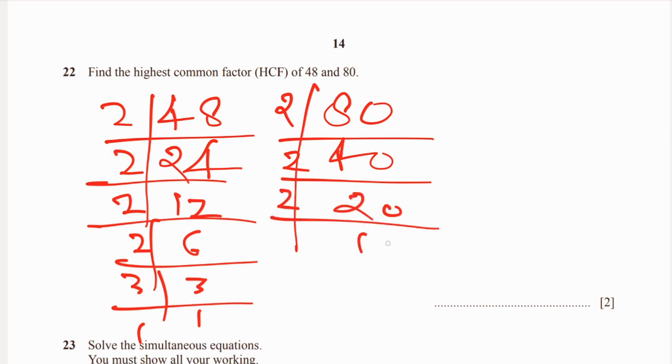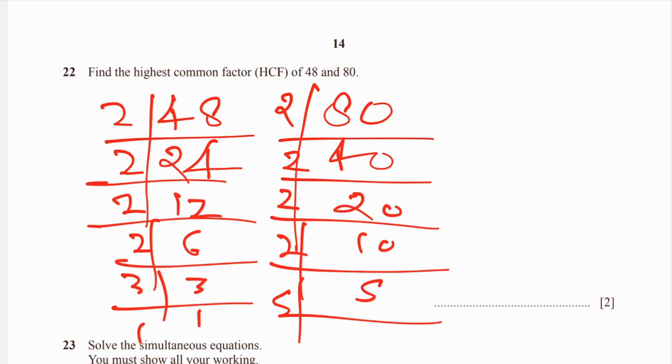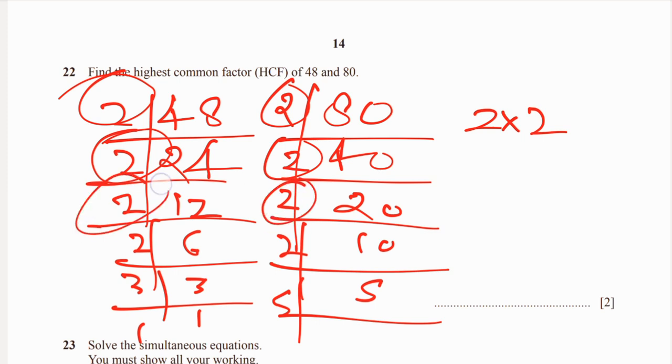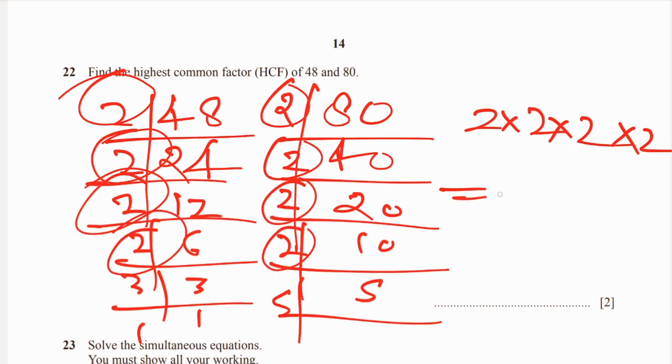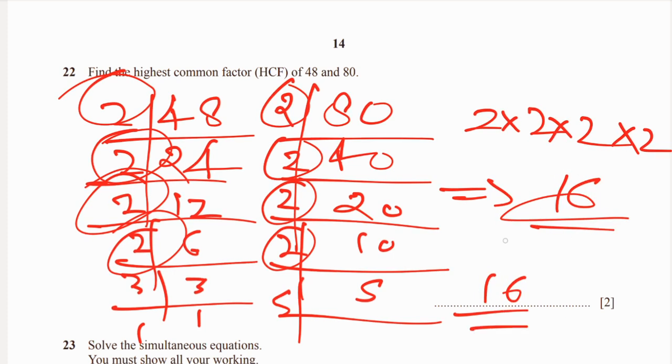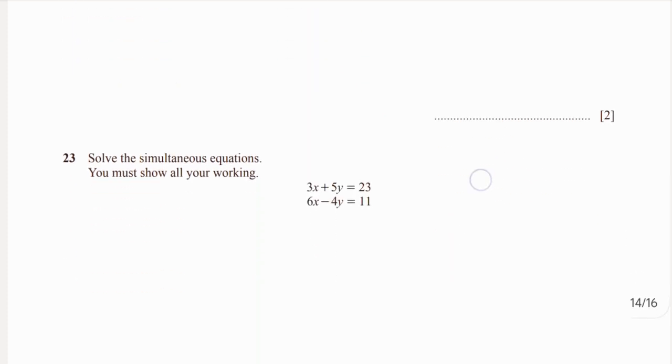Again 2, again 2, again 5. So what are the commons in both? 2, 2, 2, 2, write down. So 2 times 2 is 4, 2 times 4 is 8, 2 times 8 is 16. So our answer is 16. I hope done. Next question.